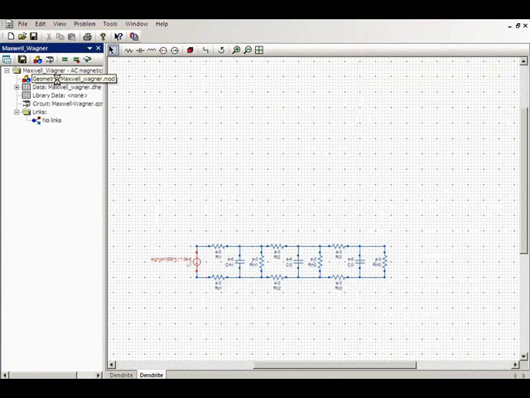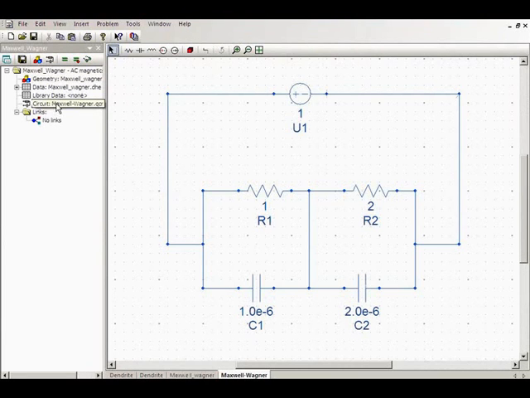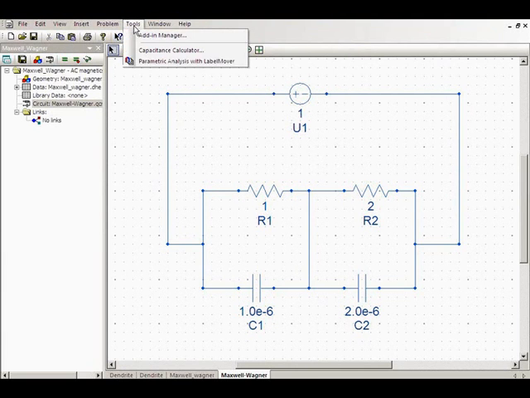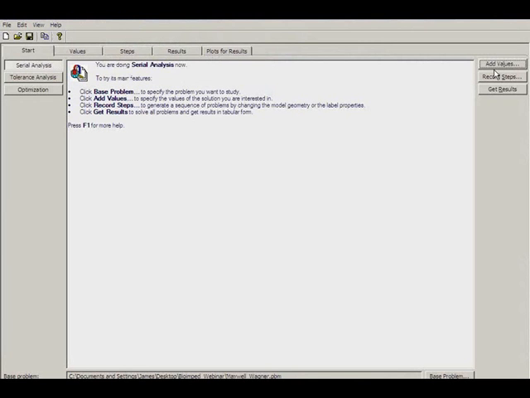Once again, we have a model file that's not connected to AC, using the AC magnetics, and I have two differing resistances and capacitances here. And we'll look at the parametric analysis with label movers.